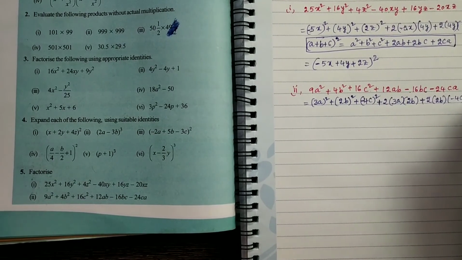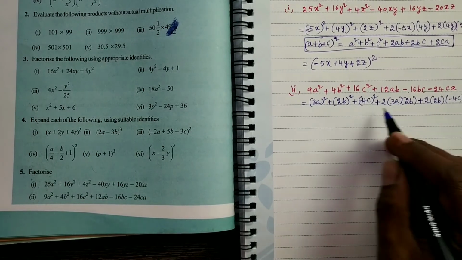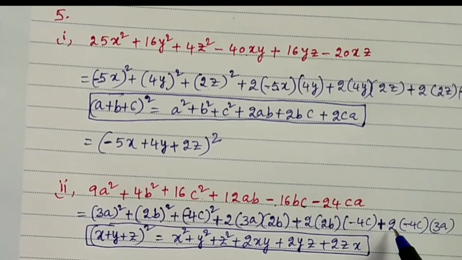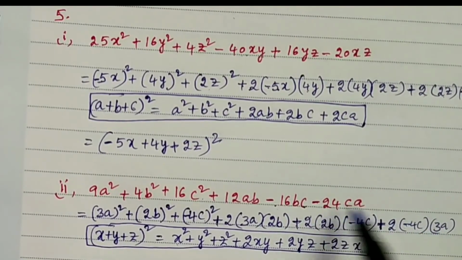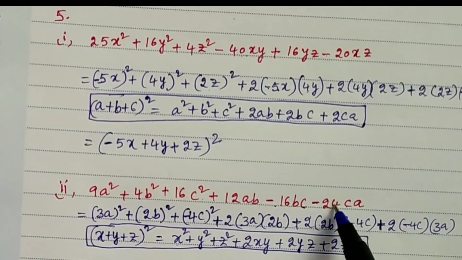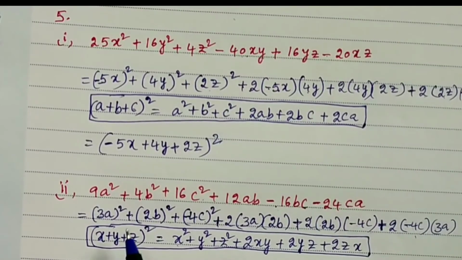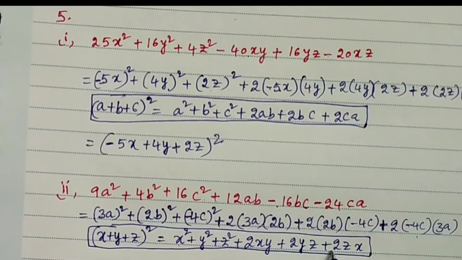Plus 2ca, 2, c value is minus 4c, a value that is 3a. Get 2 into, first multiply the symbols, plus into minus, minus, minus into plus, minus. Next 2 4s are 8, 8 3s are 24. Next c into a, ca. So it is satisfied. So now it is in the form of (x plus y plus z) whole square is equals to x square plus y square plus z square plus 2xy plus 2yz plus 2zx.